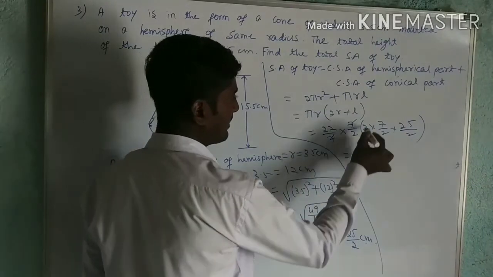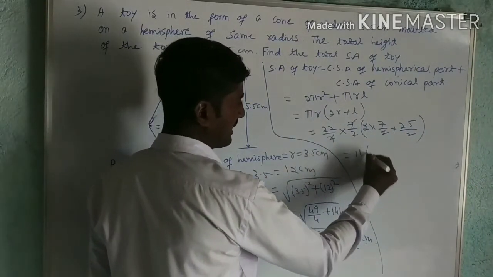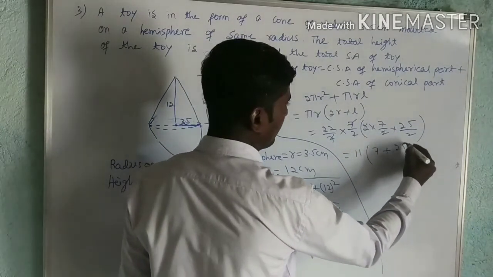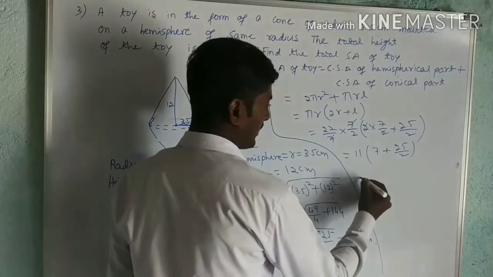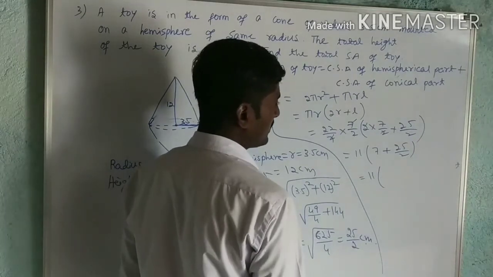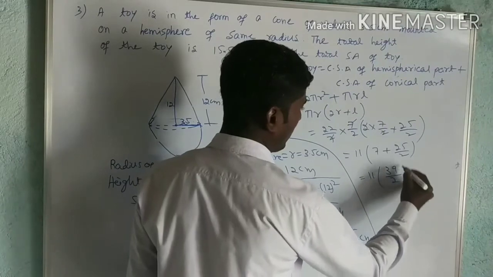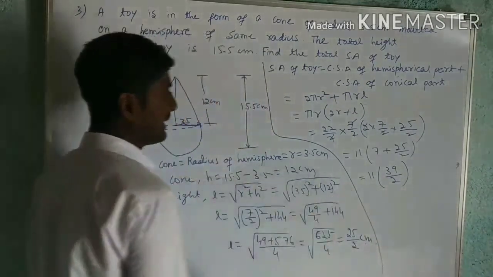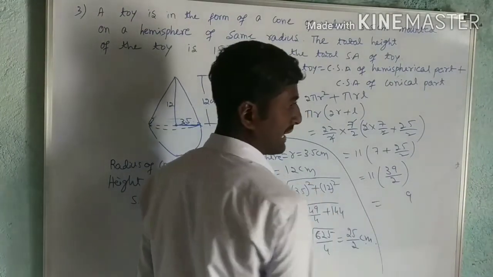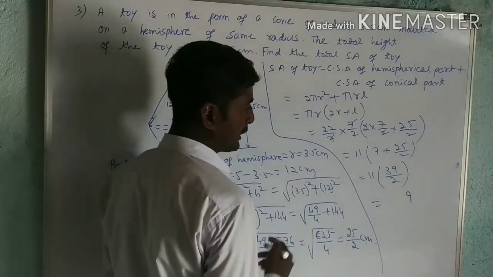7 7 get cancelled, 2 2 get cancelled. Now 2 1s are 2, 11s are 11 remaining. Now 2 2 get cancelled. 7 plus 25 divided by 2. Now 11 into 14 plus 25, so this is 39. Am I right? 39 divided by 2. So 39 into 11: 11 9s are 99, 9 remains, carry. 11 3s are 33 plus 9 is 42.